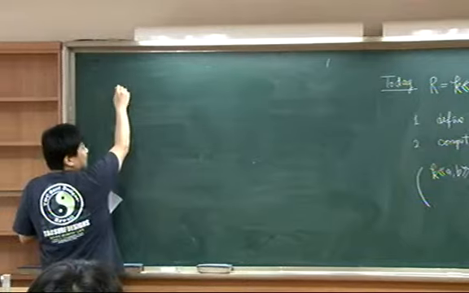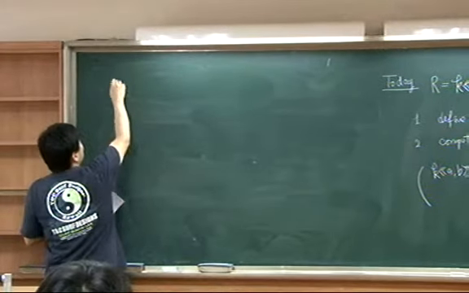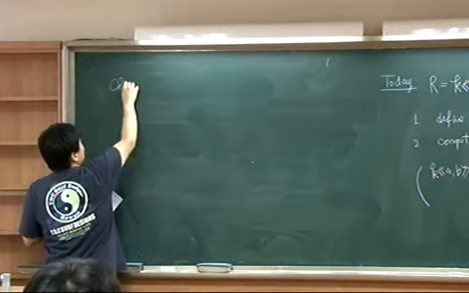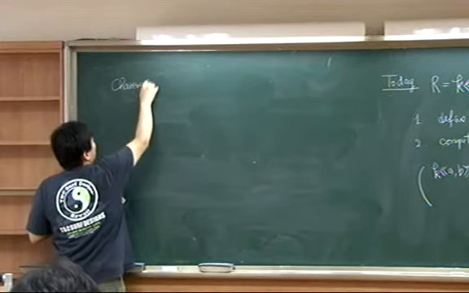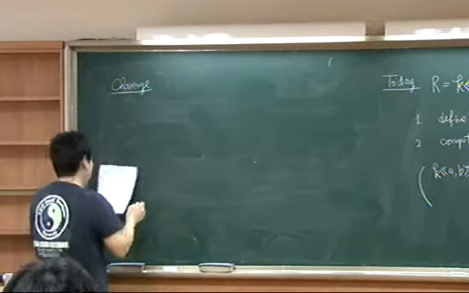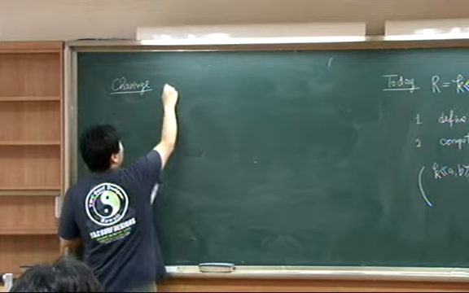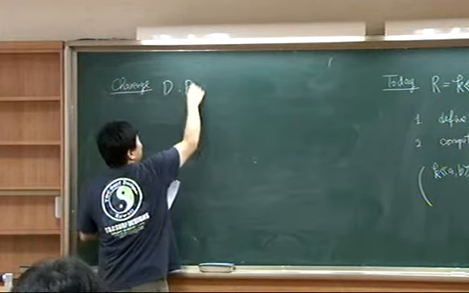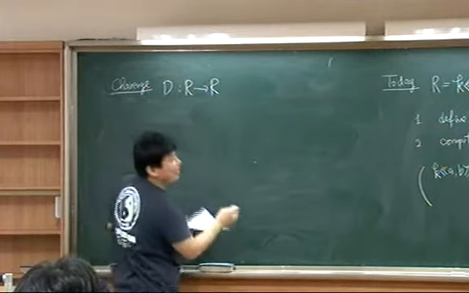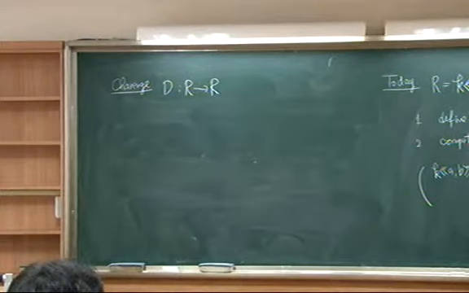This is the second exercise, but I think this is not an exercise. It's a challenge problem. It's very easy, right? If D is a derivation defined by, I should write the derivation here.